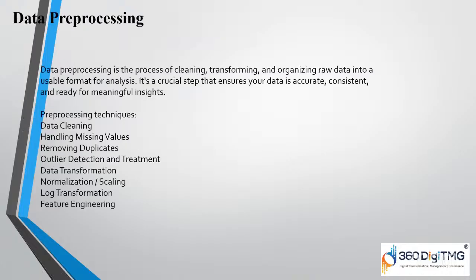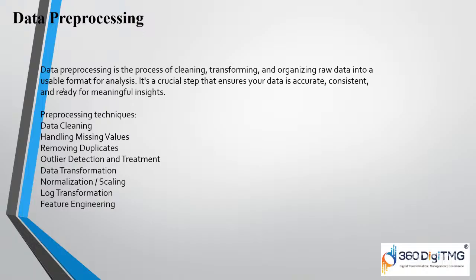So the data pre-processing. Before analysis, data must be cleaned and prepared, right? Data pre-processing is the process of cleaning, transforming, and organizing raw data into a usable format for analysis.